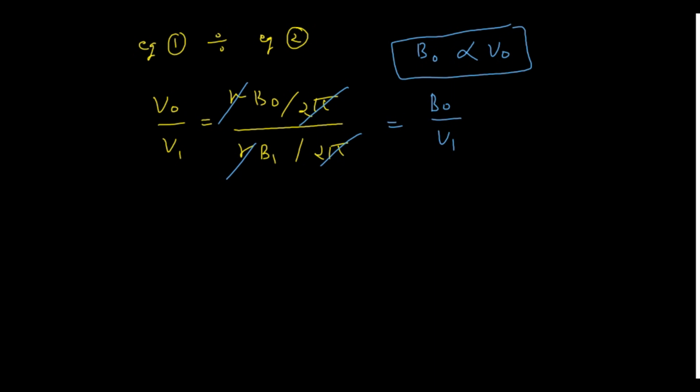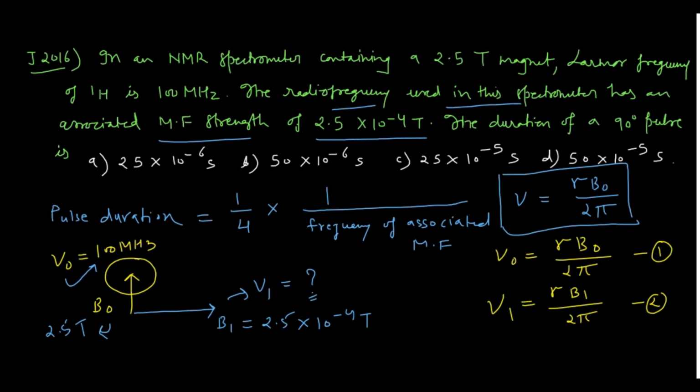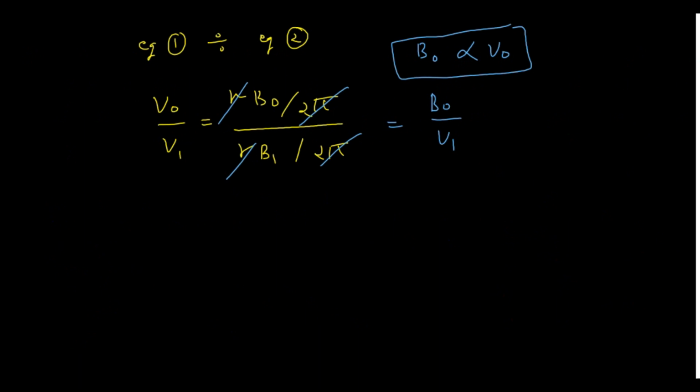Now you have been given the data. Nu0 was given in the previous question: 100 megahertz, and 2.5 Tesla is B0. So we can put those values here. Nu0 is 100 megahertz, divided by nu1, which we have to calculate because the frequency of the associated magnetic field is not given.